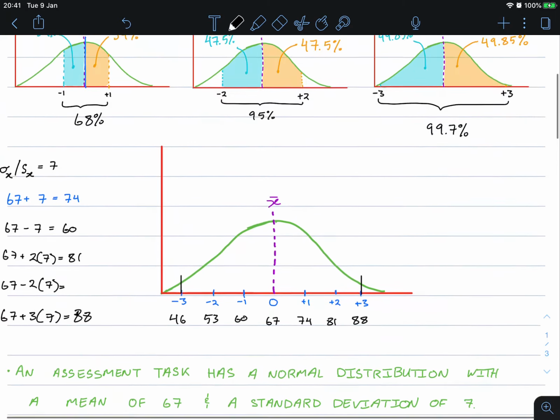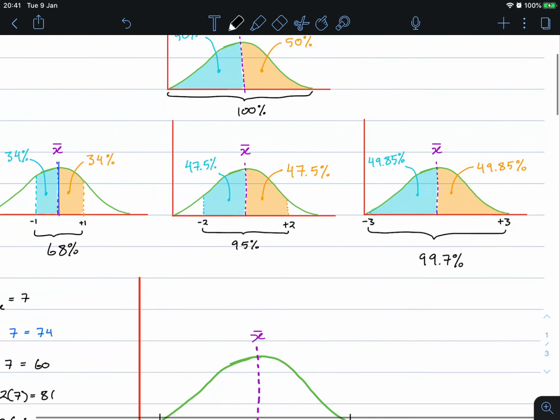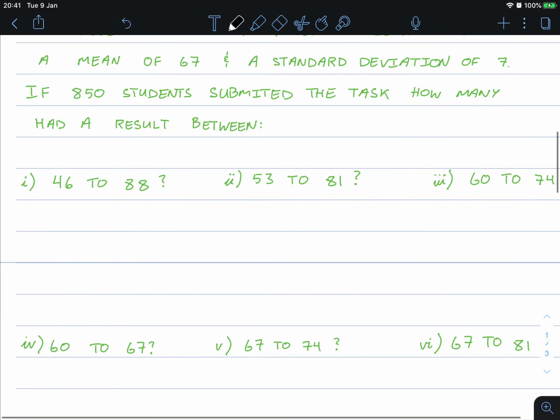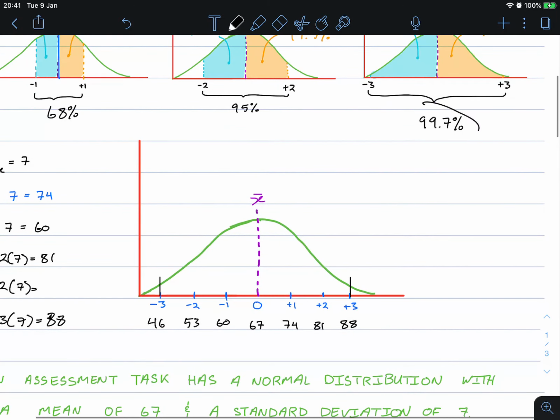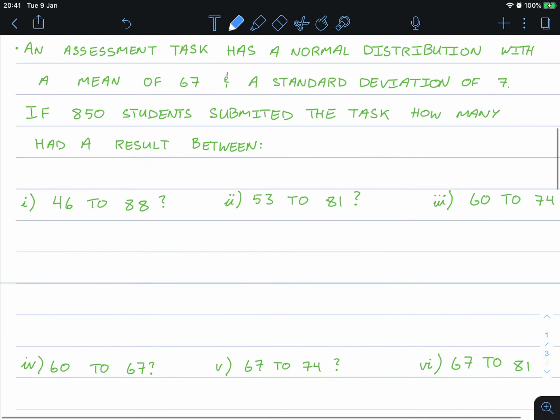Well, we know that 99.7% of all data is between -3 standard deviations and +3 standard deviations, which is exactly what we have here. So between 46 and 88 is 99.7%. Let's write that as a decimal.